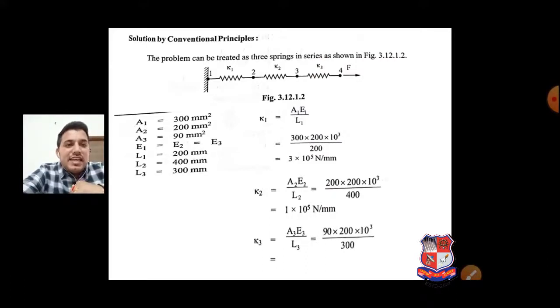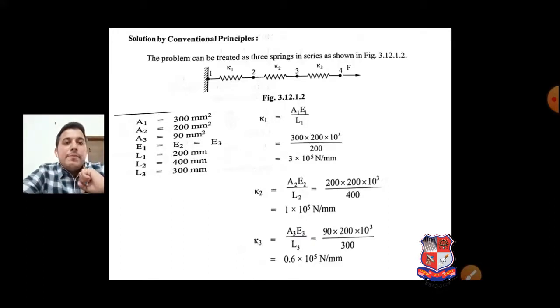The value is 90 into 200 into 10 raised to 3 divided by 300. The length varies at each step, that's why the answer varies. So we find 0.6 into 10 raised to 5 Newton per mm. So this is the individual stiffness for elements 1, 2 and 3.